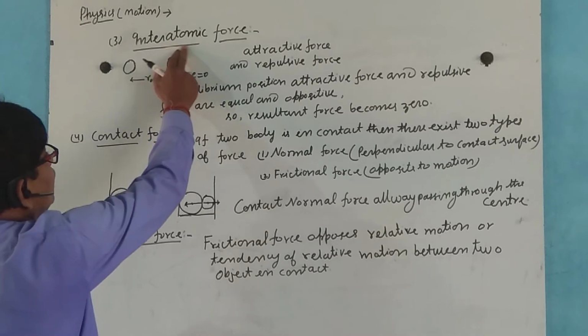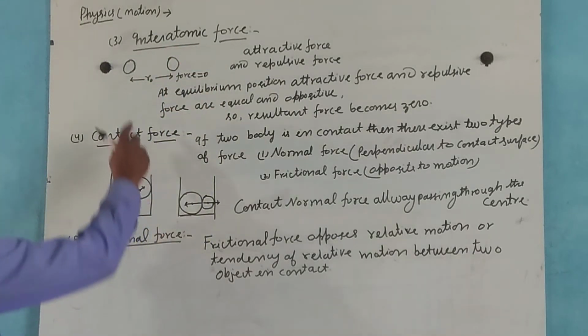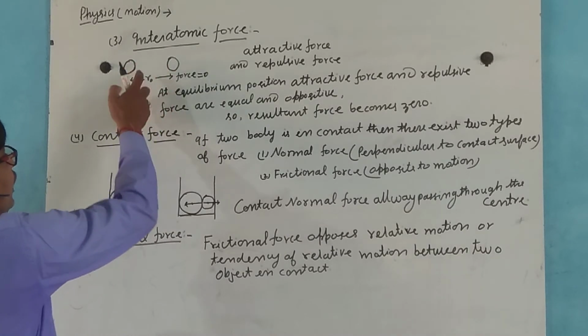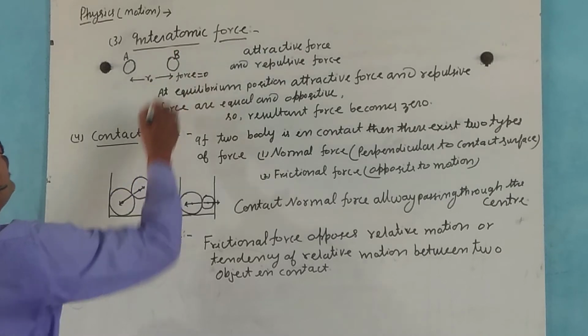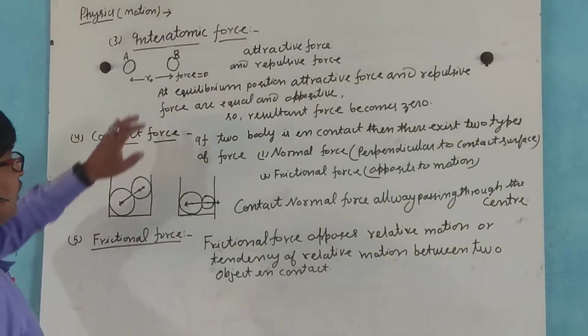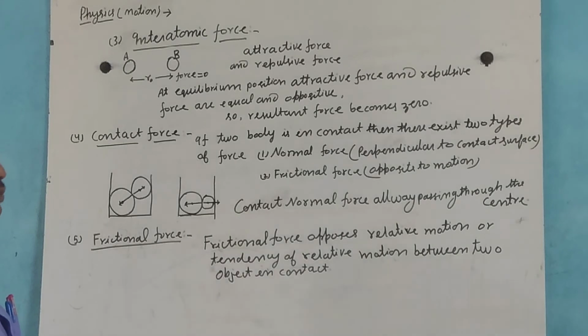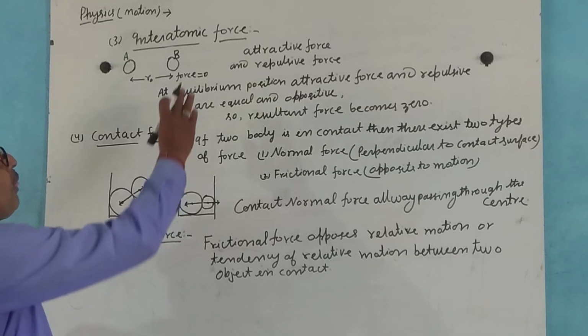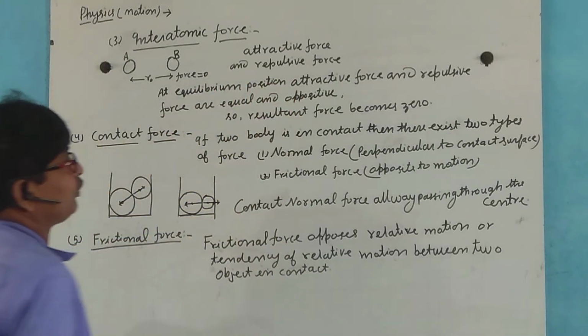Third, interatomic force. In this case, here are two atoms A and B, and the distance between them is r0. In this case, the force acting between two atoms is attractive force and repulsive force.